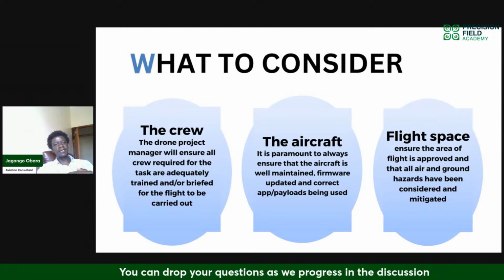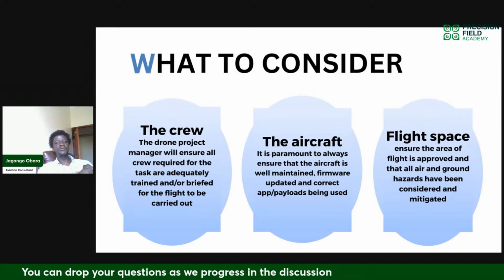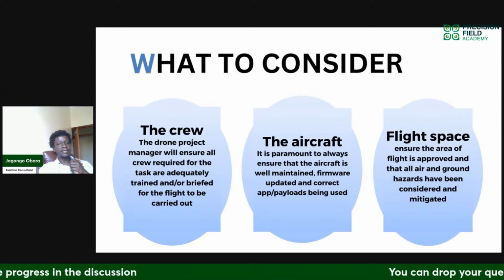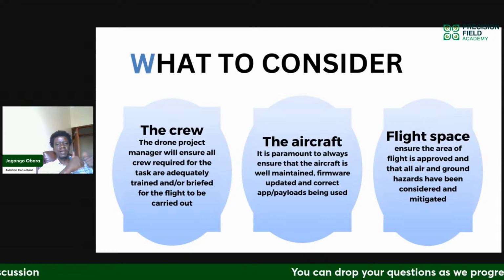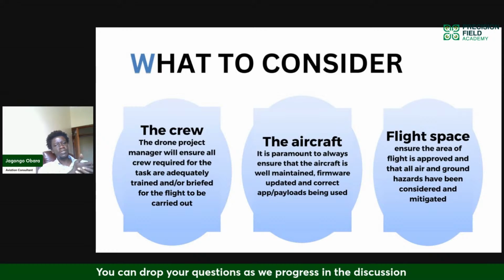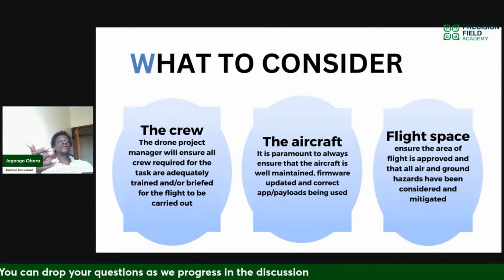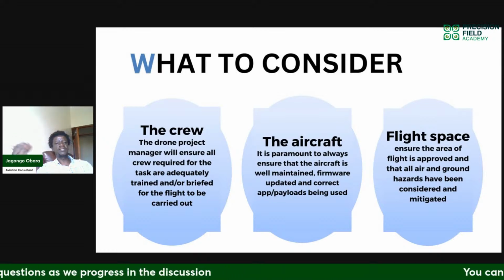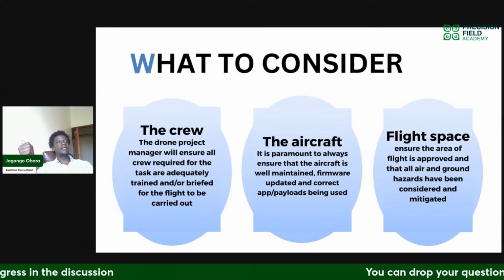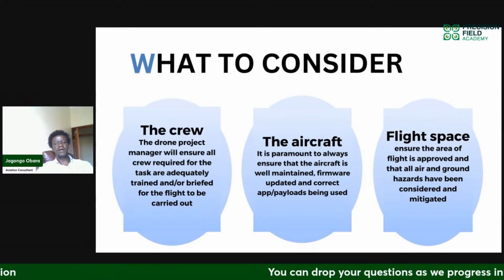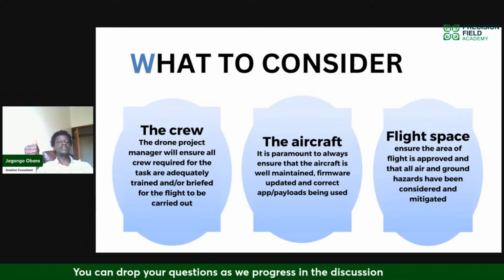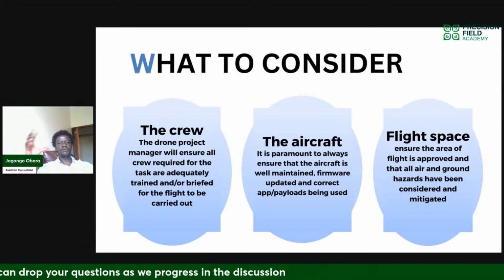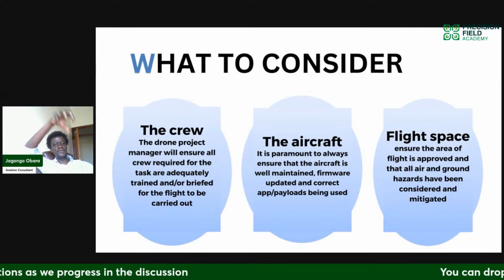On the aircraft side, it is also very paramount to always ensure that the aircraft is well maintained, has the latest firmware, and everything is updated, and we are using the correct apps for the application. We're using the correct payloads for the aircraft. You do not want to, for instance, go to a farm and take the wrong aircraft, but now because the farmer wants his crop fertilized, you are trying to put a payload onto a different aircraft.